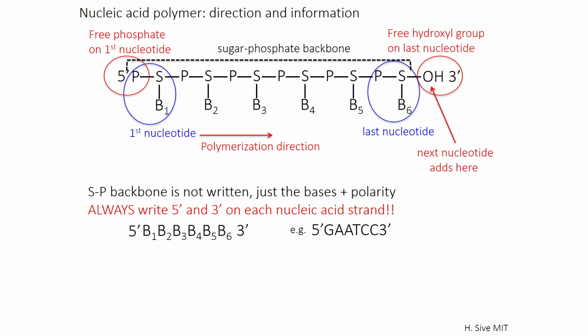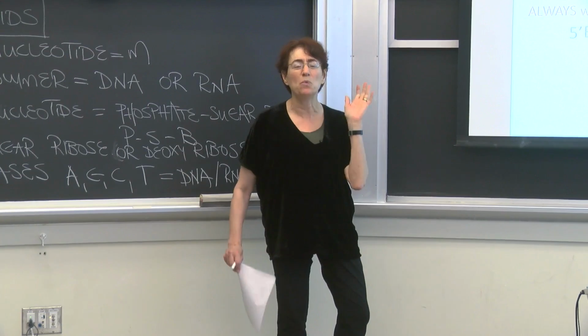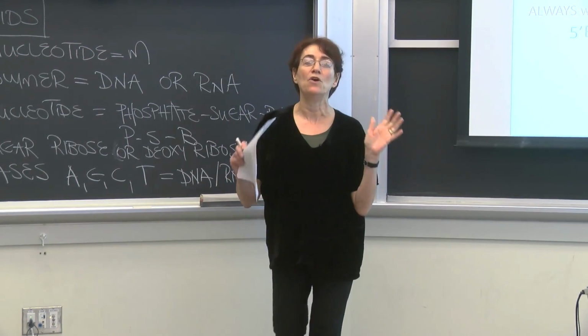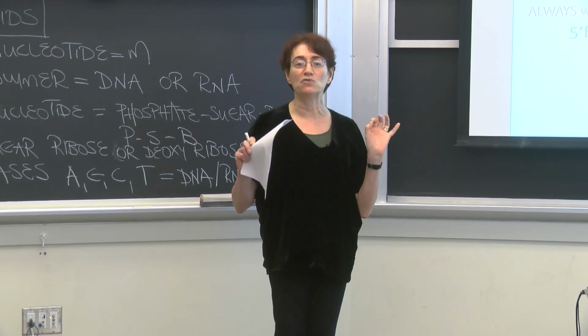But when we write the sequence of the bases on nucleic acid, we don't write the sugar-phosphate backbone, we just take that as a given. What's really important are the base order, B1 to B6 in my diagram, or I've put a real example there, and the 5' and the 3' ends, and you always, always, always write those 5' and those 3' ends.